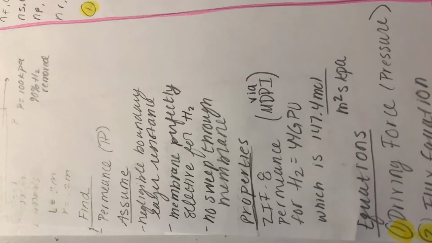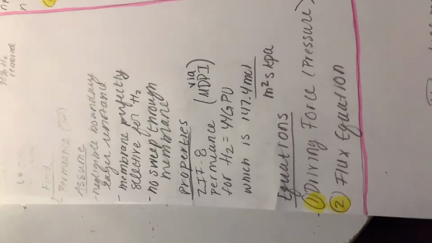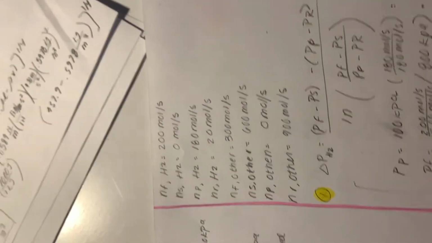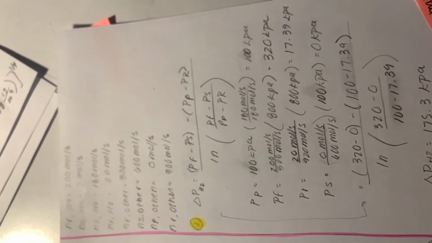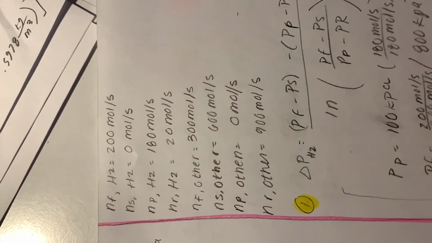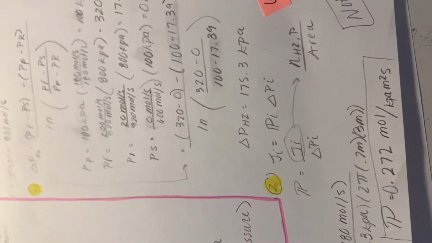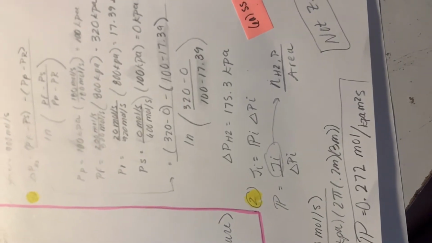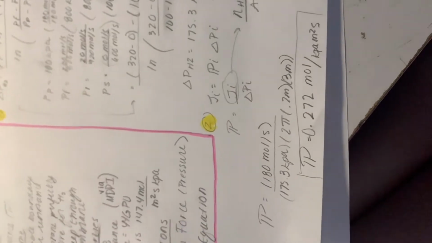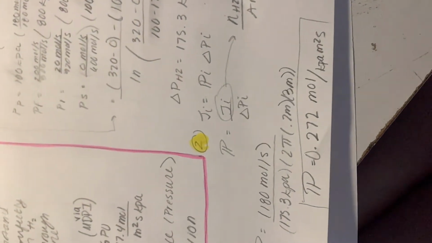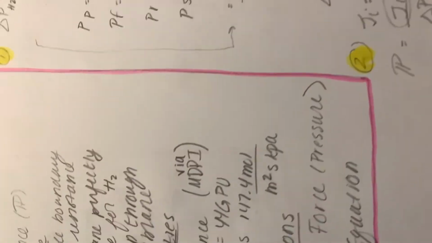This is the permeance that I found for ZIF-8 online, and you will find those mole flows and then your partial pressure, and then you'll put that into this change in P, and then you'll use the flux equation with permeance and the pressure drop to find out what that permeance is, which I got, and I decided that it wasn't ZIF-8 because this number is pretty different from that one.